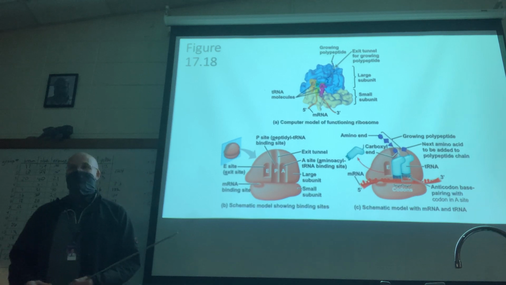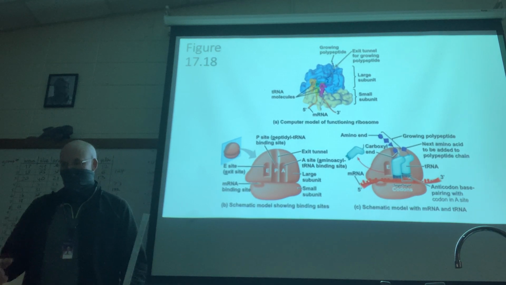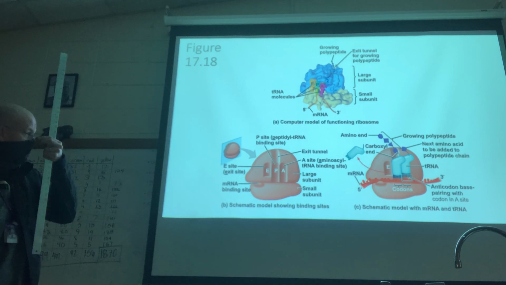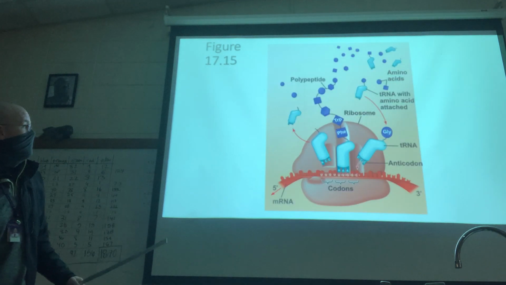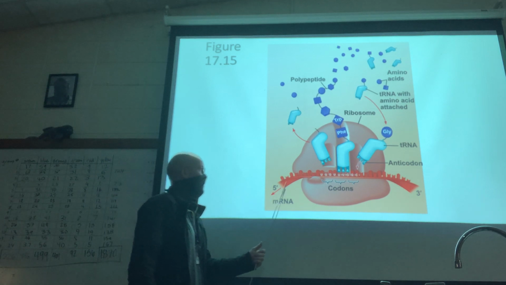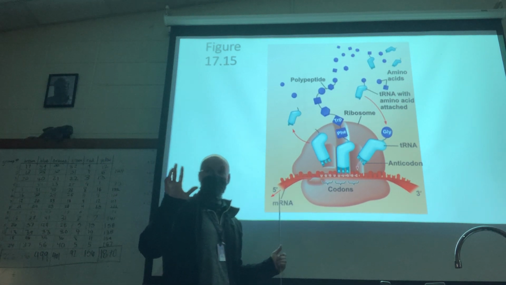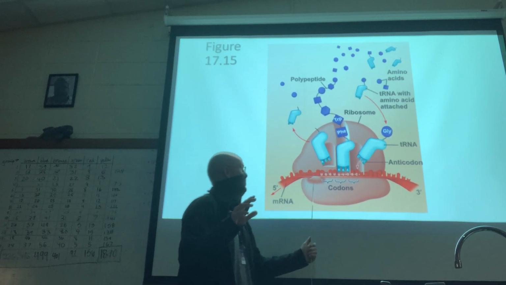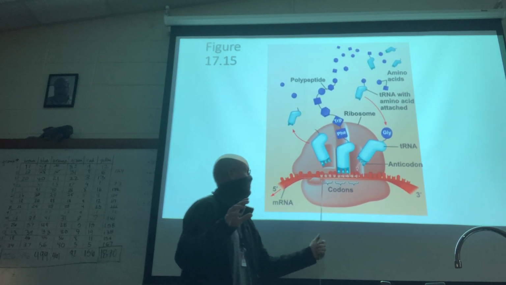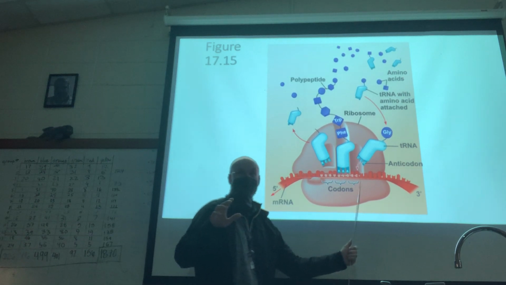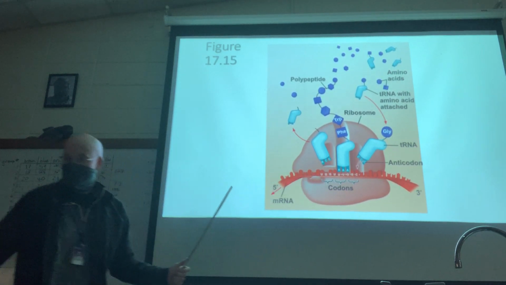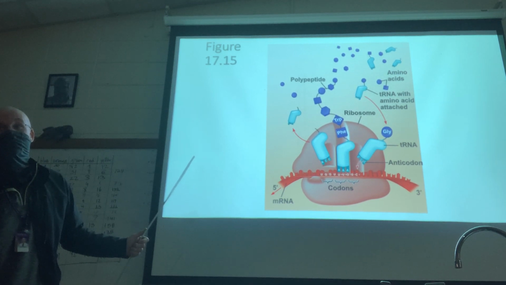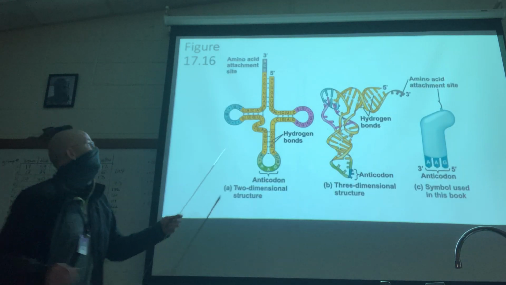Now, I want to go back real quick, not to kill a bunch of time here, but I think this is kind of neat. The message is being read from a 5' to a 3' direction, okay? So we're 5 to 3, 5 to 3. The anticodon is arranged in what direction? Very good.